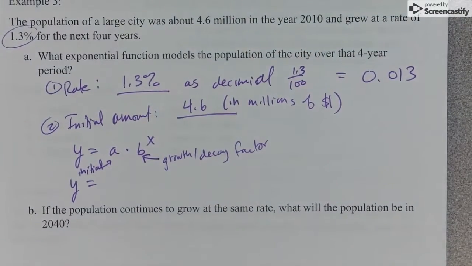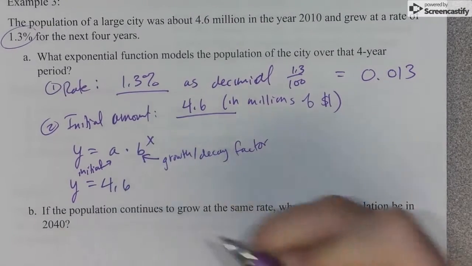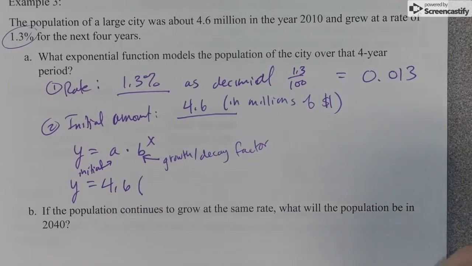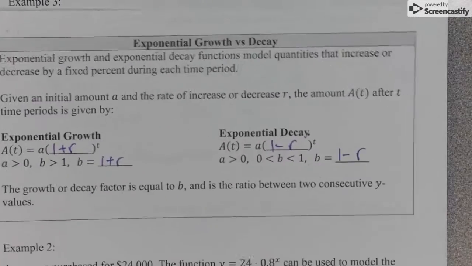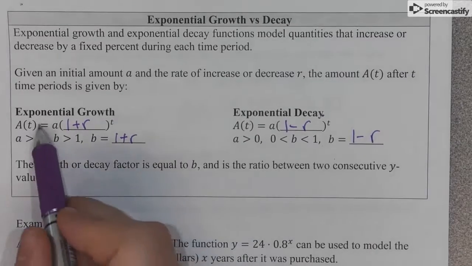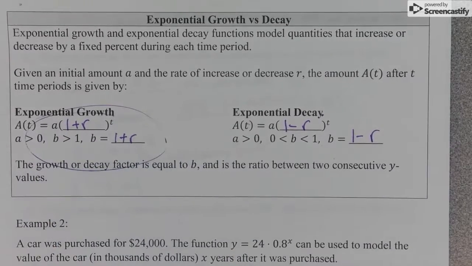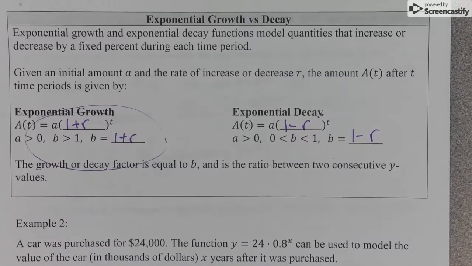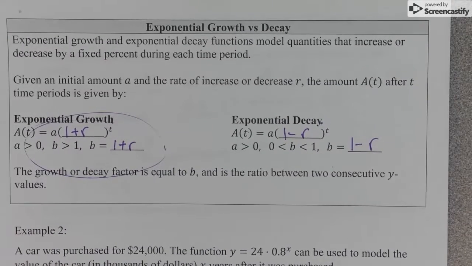So your initial amount here is 4.6 million times your growth factor. Remember, your growth factor is 1 plus r, since we have growth.